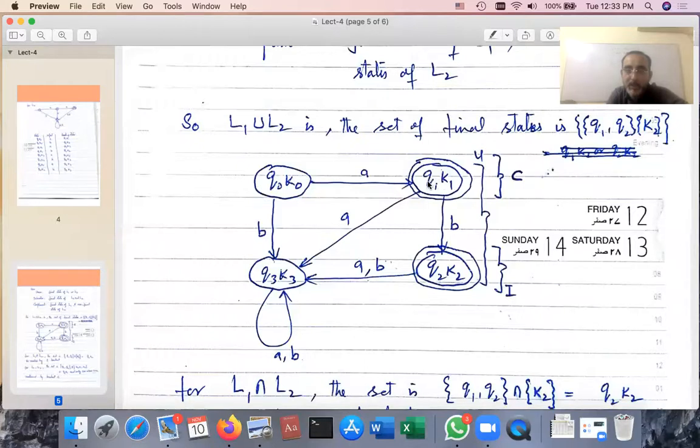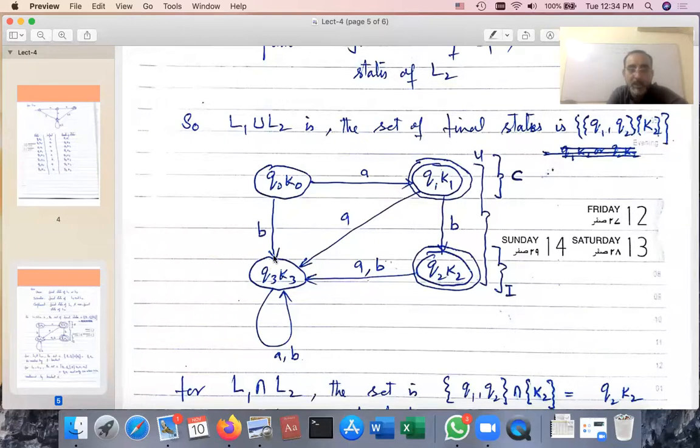So Q1 is coming in this pair, so you have to draw the double circle. Q2 is a final state, so this is also a final state, so you have to draw the double circle. And is there any Q1, Q2 or K2 in these other states? There is no Q1, Q2 or K2 here in these states.